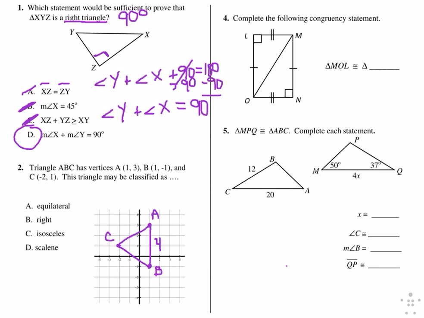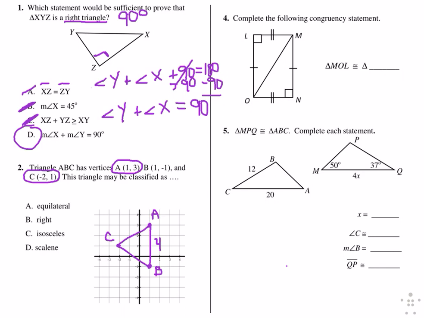So what you could do is use the distance formula. For example, I'm going to look at point A right here and point C. Those are the points I'm going to use for the distance formula.